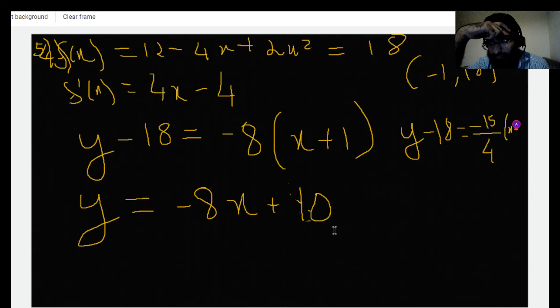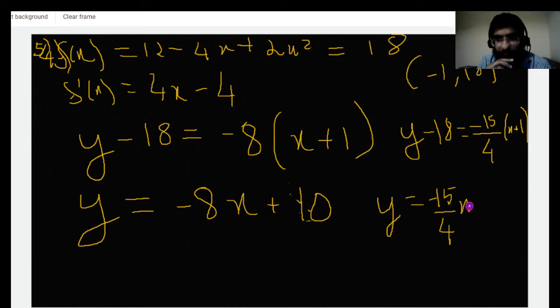So that becomes y equal to minus 15 by 4x, and then plus 18, which gives plus 57 by 4.